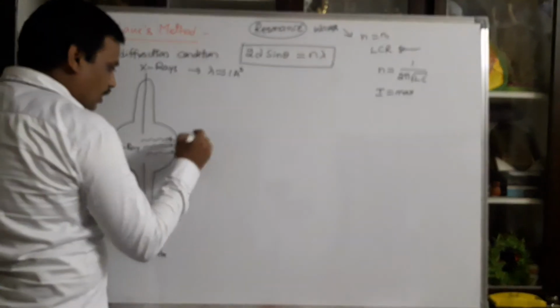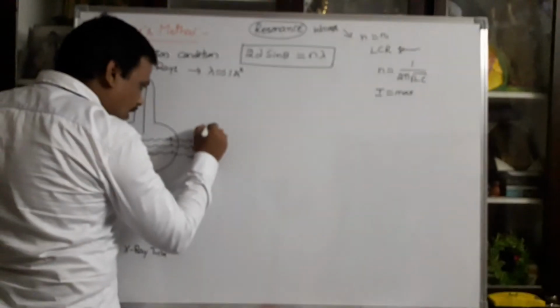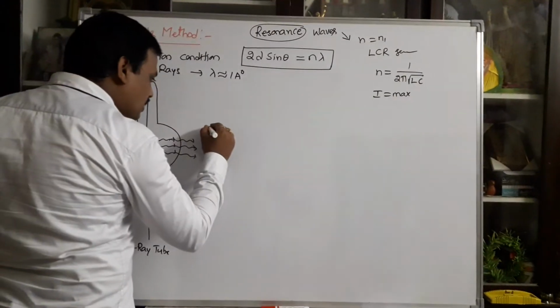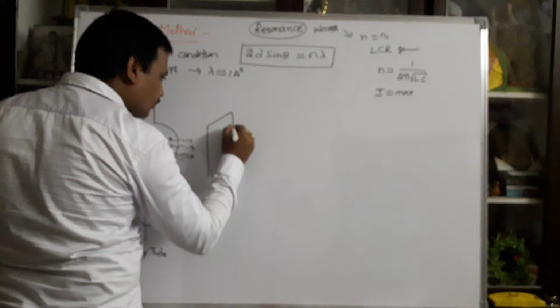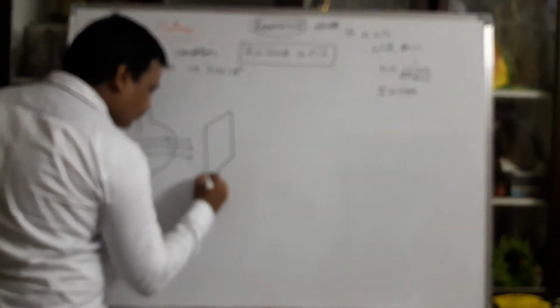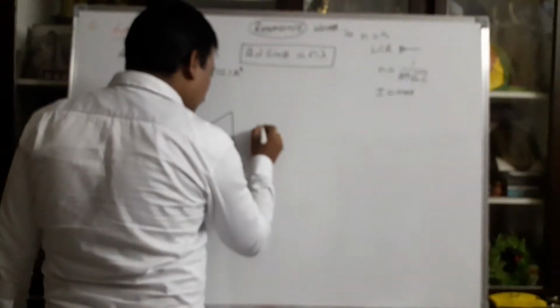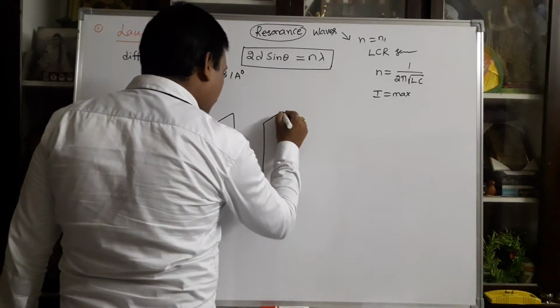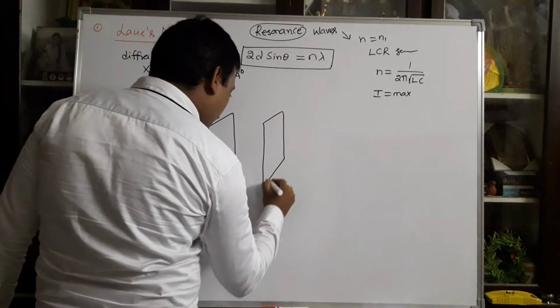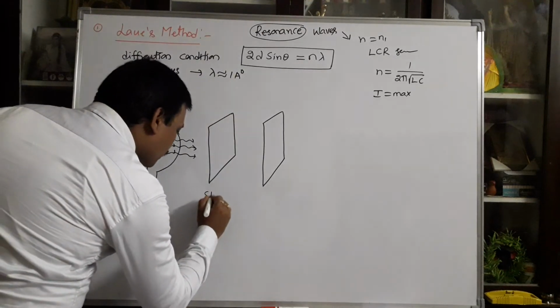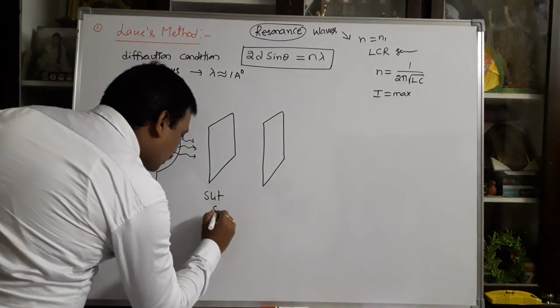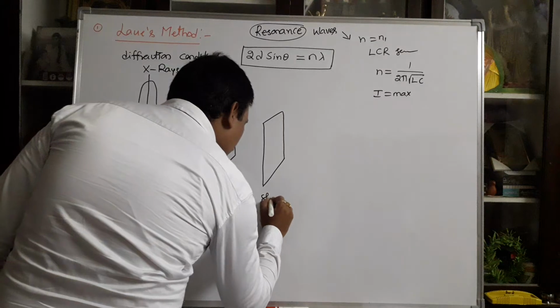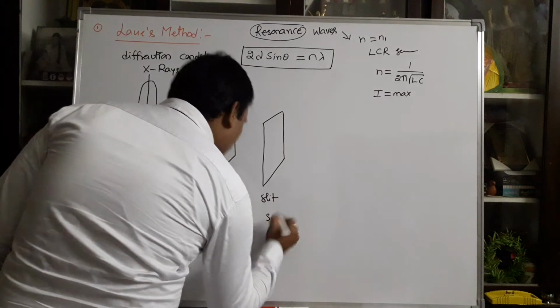In this path, I am placing two slits. First slit, slit S1, and slit S2.